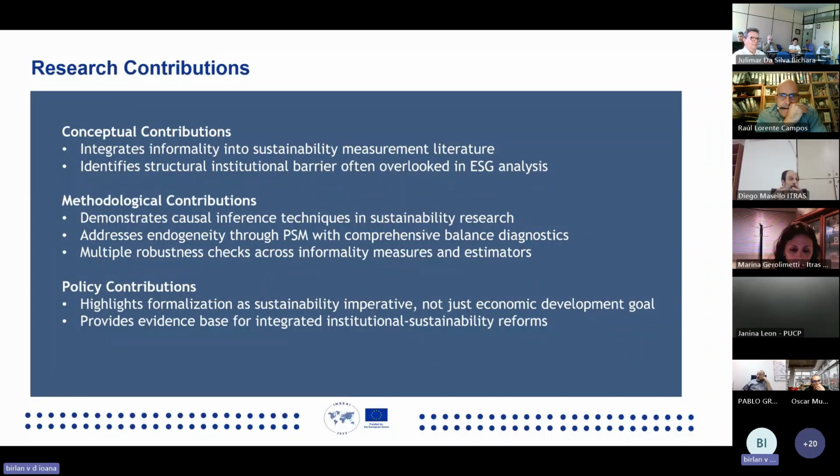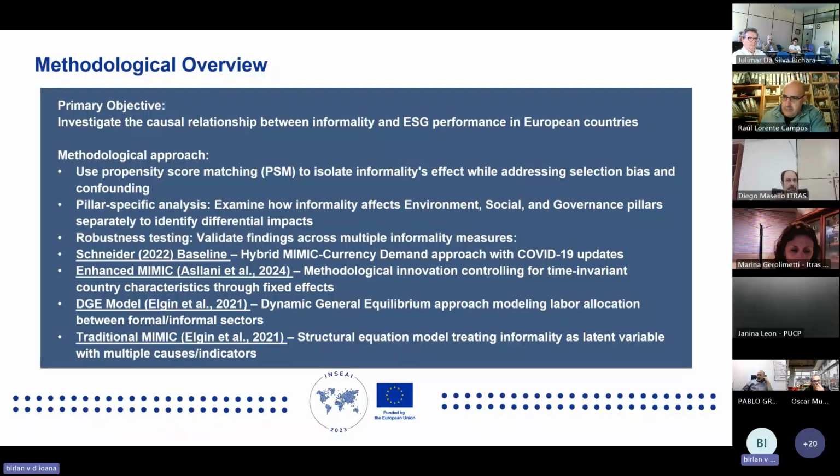From a methodological contribution, we demonstrated that causal inference techniques in sustainability research are a good idea, and we also provided some policy contributions. Our primary objective, as I said, was to study the causal relationship between informality and ESG performance. We used propensity score matching to isolate informality's effect while addressing selection bias and confounding.